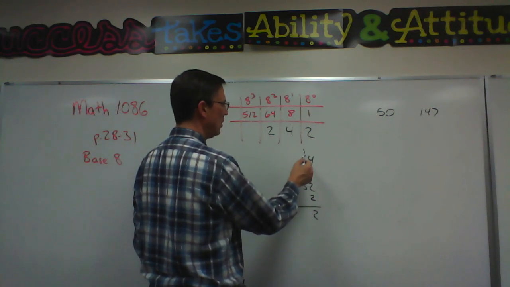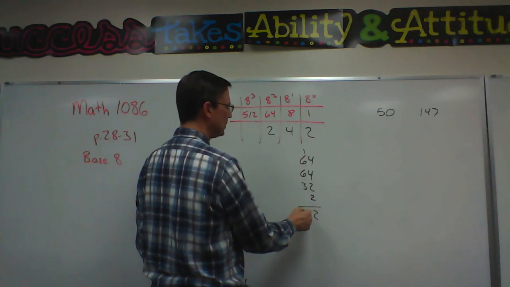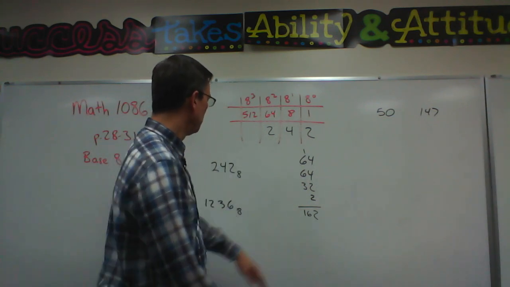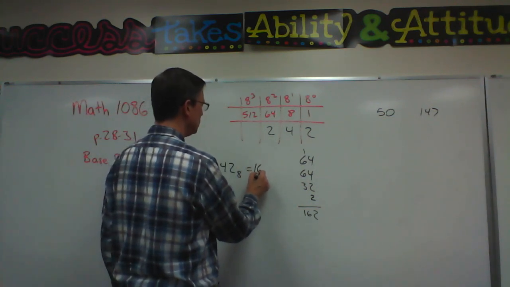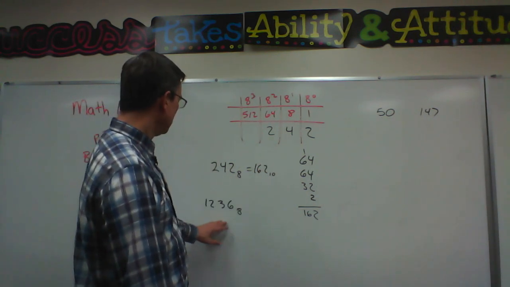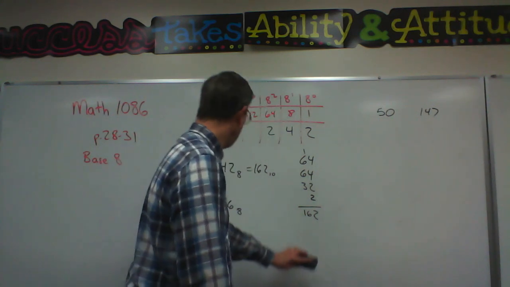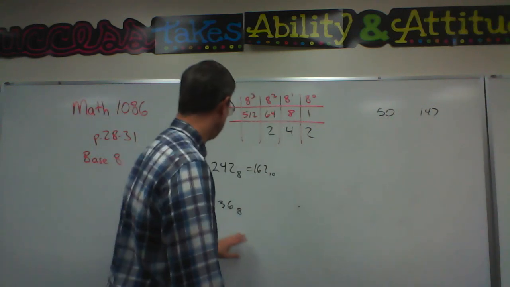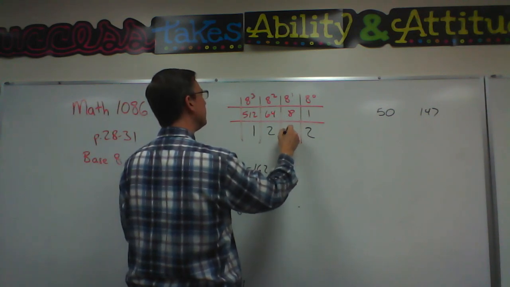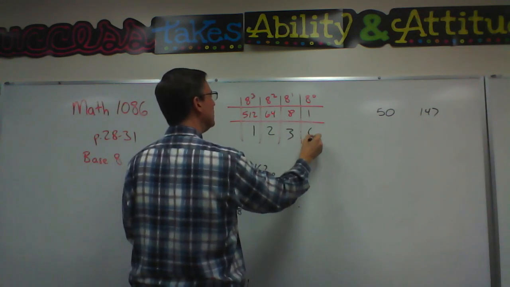So this would be 162 in base 10. Now I've got this big number here, 1236, base 8. So 12, make this a 3, and this is 6.